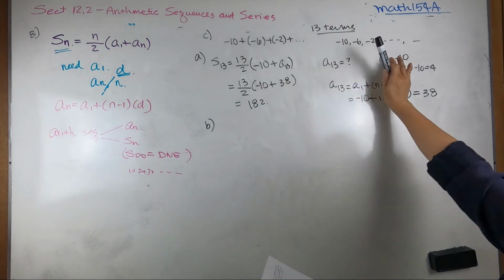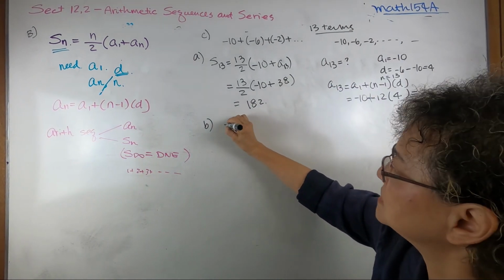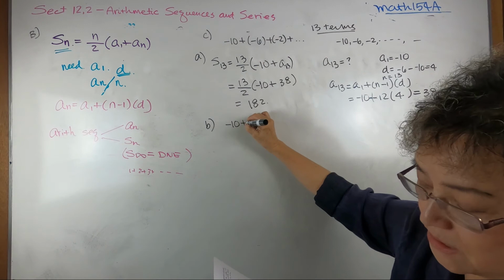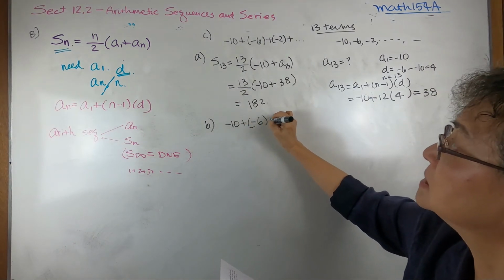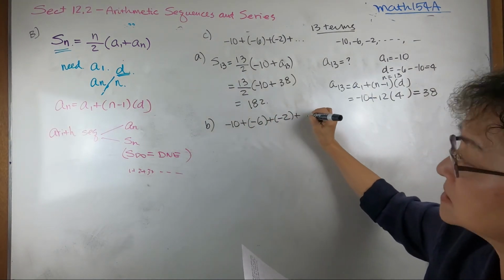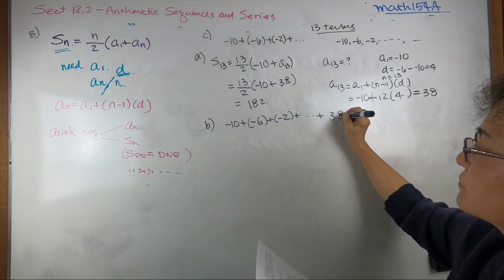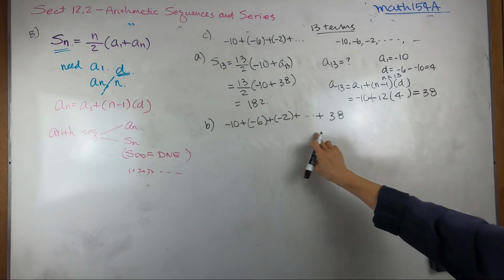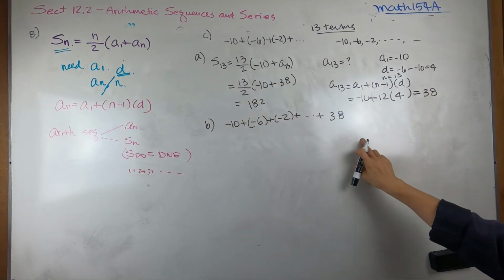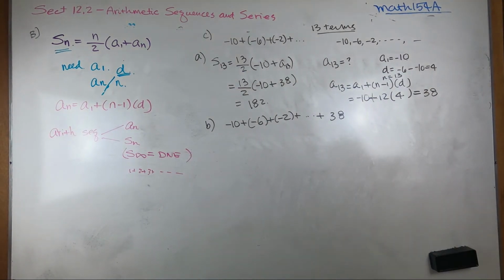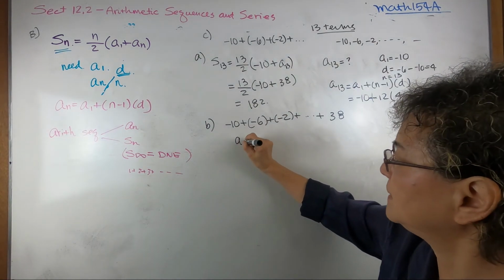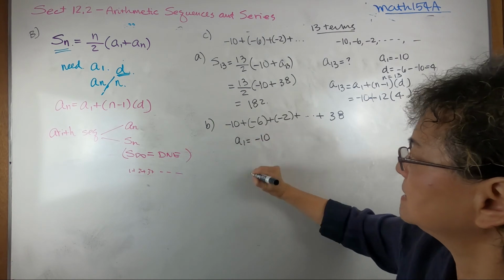If you didn't see this one, if we just give you this, negative 10 plus negative 6 plus negative 2 plus, continue all the way to 38. By looking at this sum, right, we ask you how many terms are there? We give you A1, which is negative 10.